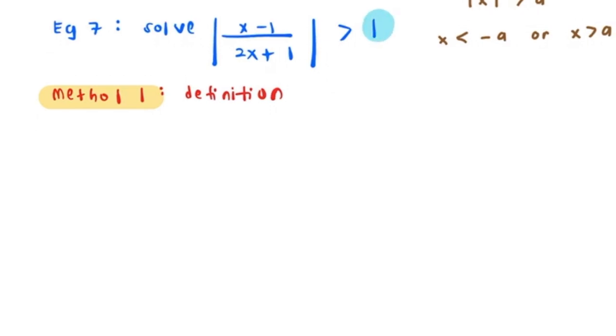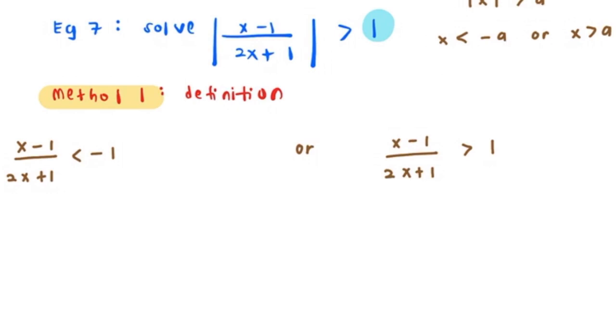So just split into two parts, where the first part will be x minus 1 over 2x plus 1 is less than -1, or the second part, x minus 1 over 2x plus 1 more than 1.